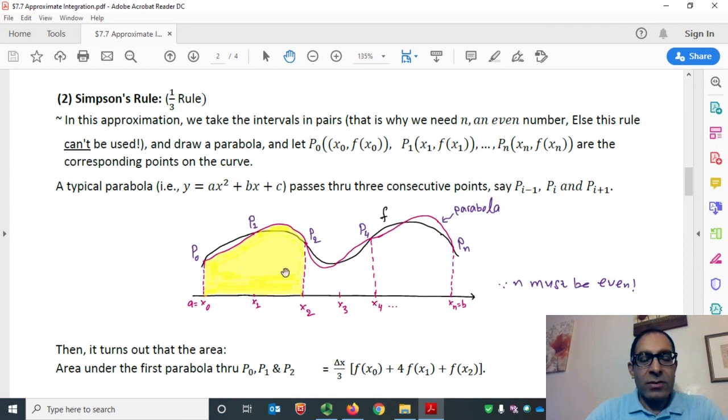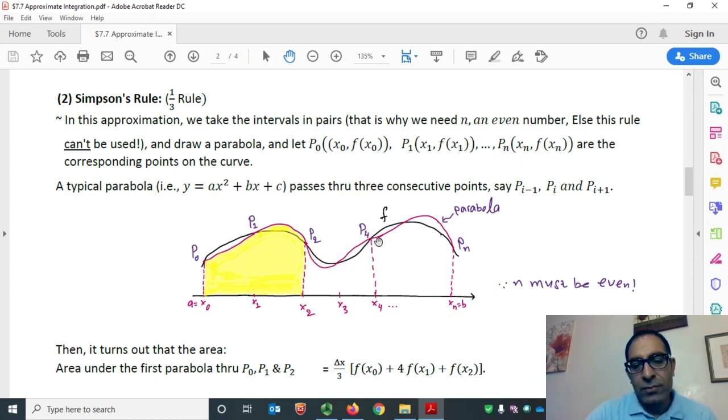And in this case, we take intervals in pairs. So first, x0 to x1 is one interval, x1 to x2 is another interval. So first we take these two intervals. In a typical parabola, we take a parabola that passes through 3 consecutive points. So the first parabola is passing through P0, P1, and P2. And the second parabola passes through P2, P3, P4.